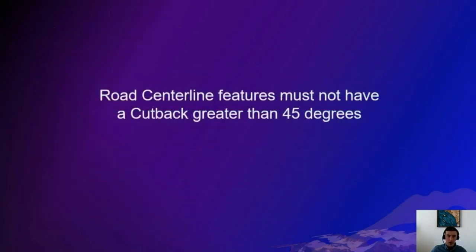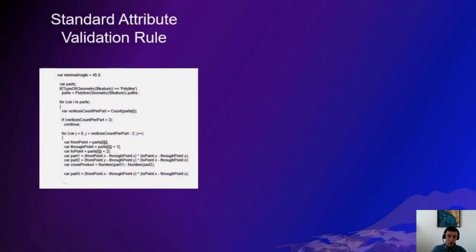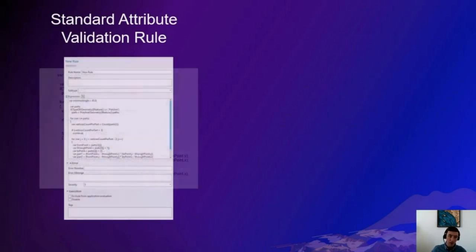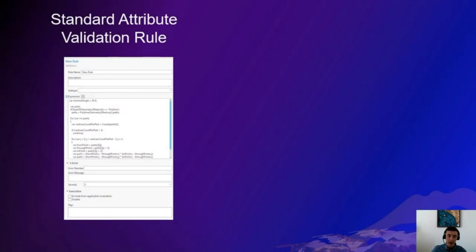To illustrate this, let's say that my organization has a business rule that my road centerline features must not contain cutbacks of greater than 45 degrees. Now, to implement this with standard attribute rules, first I would need to develop an Arcade script that would find these cutbacks in my feature. Then I would plug my script into an attribute validation rule and perform a lot of testing to ensure that my script correctly finds the error condition.